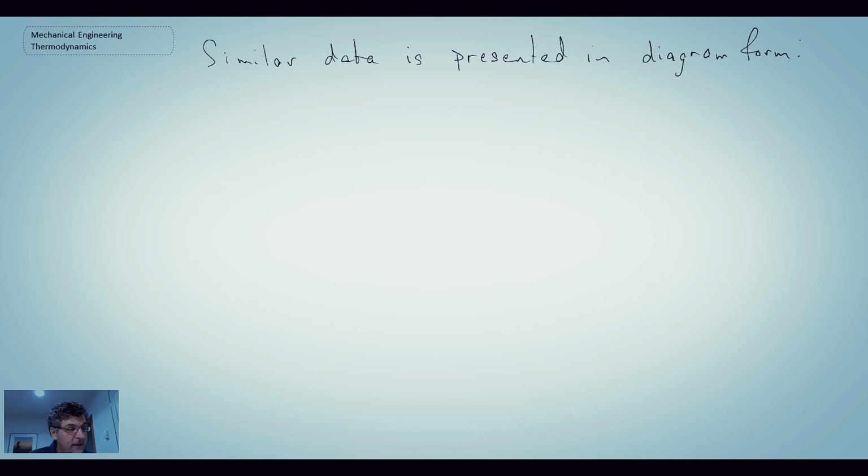But the diagrams that you will find in the book, there are diagrams for water, and typically you'll find a TS diagram. These diagrams are not as accurate, remember I mentioned earlier, as the tables.